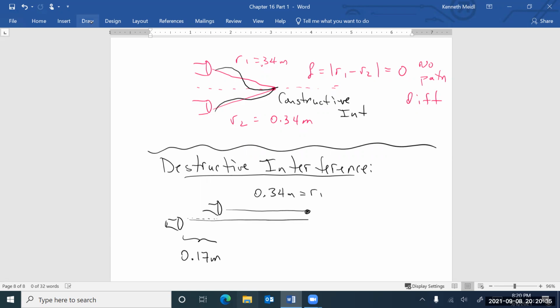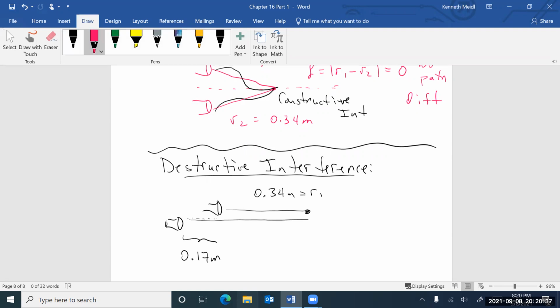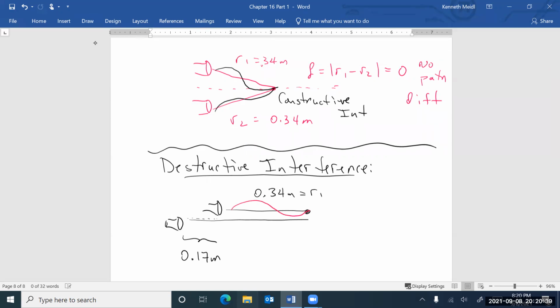So that the top wave completes itself completely. But now I've got room for a half of a wave here, right? So if I move the other one back half that distance, now the path difference, delta, is the path difference here.